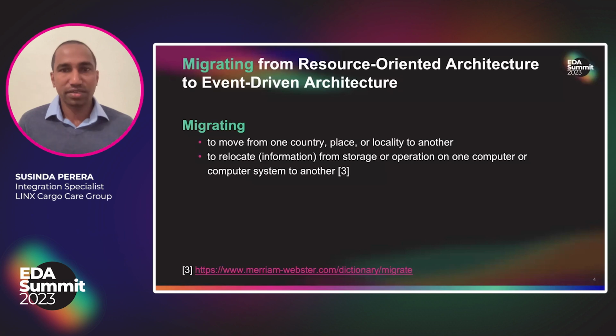With the above definitions, architectural migration can be understood as the process of transferring a system's architecture or design from one shape to another. So it's important to note that migration in both contexts involves moving from one location to another. While people and technology migration have differences, they also have similarities in terms of considerations and challenges.